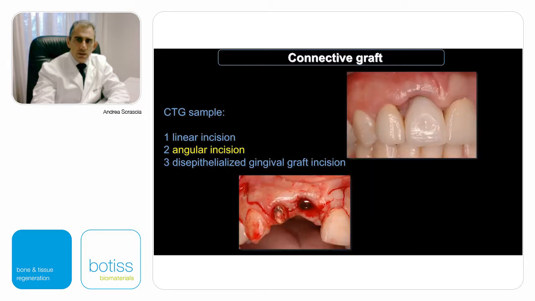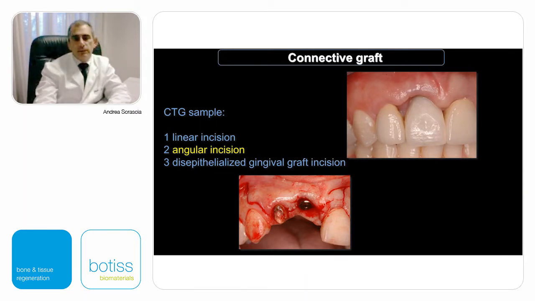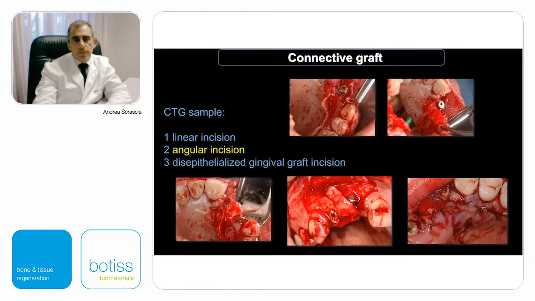Still in the angular incision technique, a 27-year-old woman came to my office after having had an implant therapy on 1.1. What was obvious was the poor execution of the surgical technique, causing the atrophy of the distal papilla. The only solution for this case to augment the volume of the distal papilla is to execute a pedicle connective graft using an angular palatal incision.